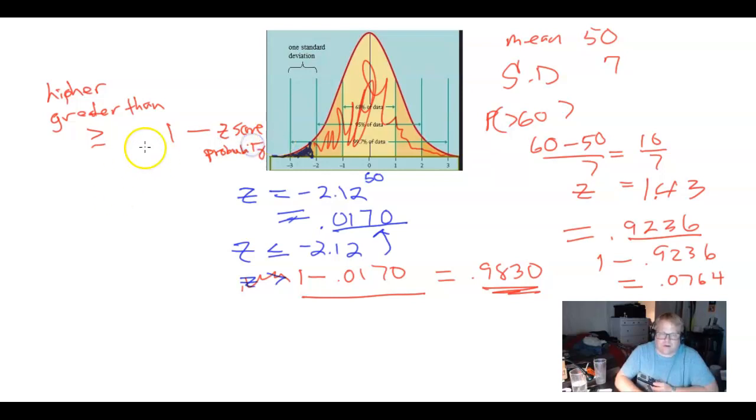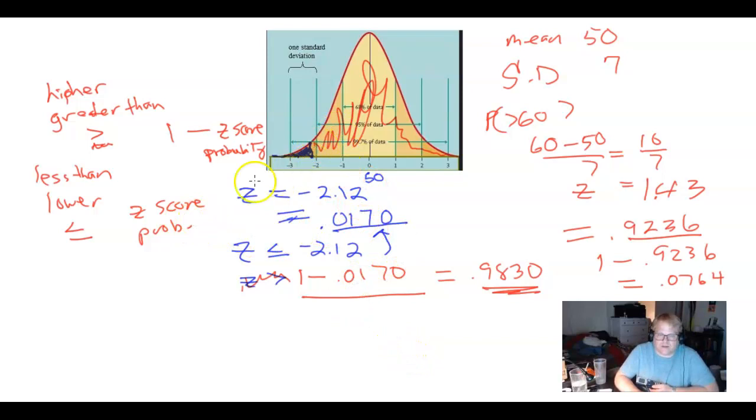If you have less than, lower, or less than or equal to, then you take the actual z-score probability, which is the decimal. So the decimal we would come out with straight out.